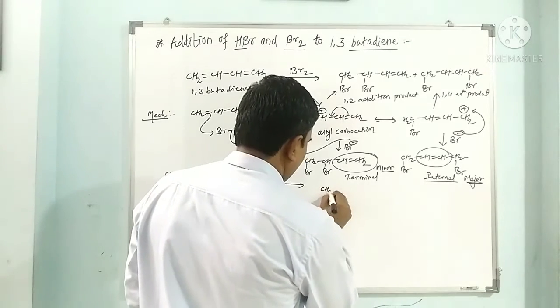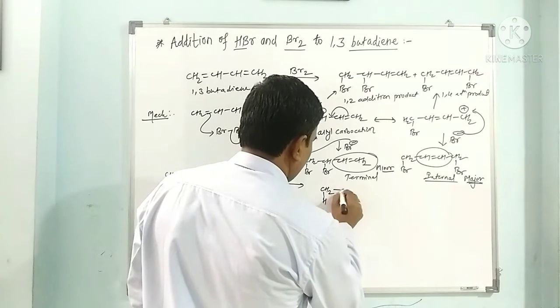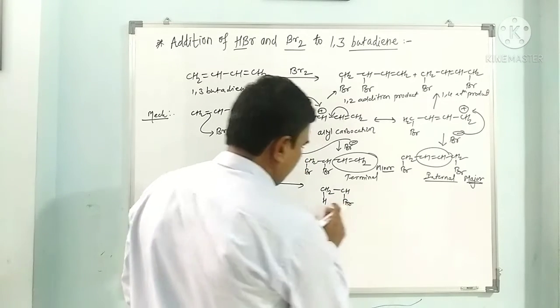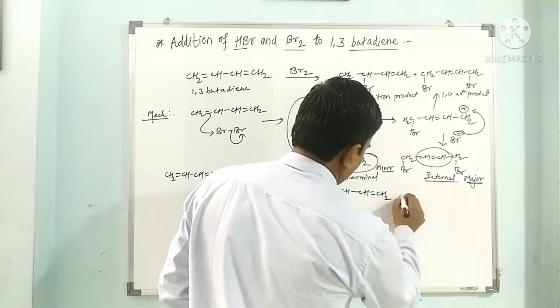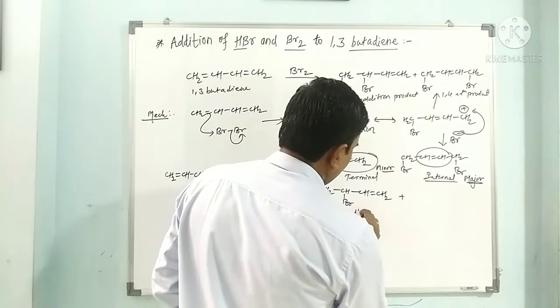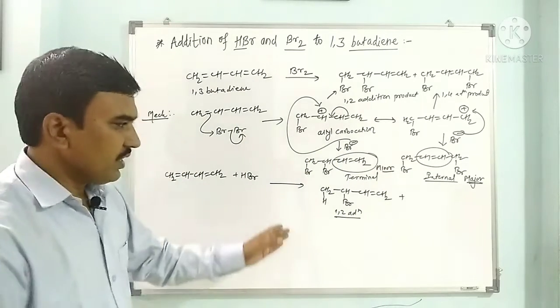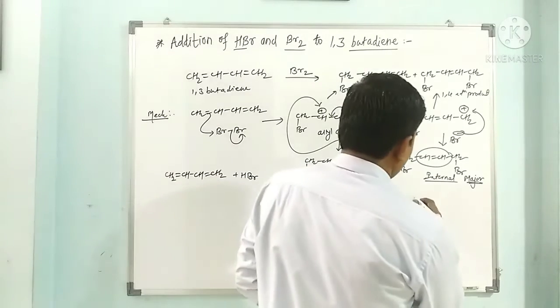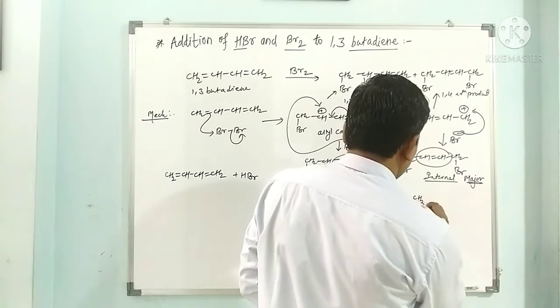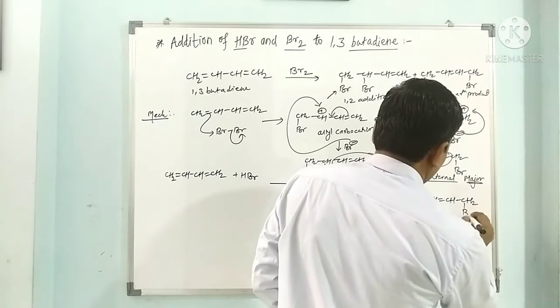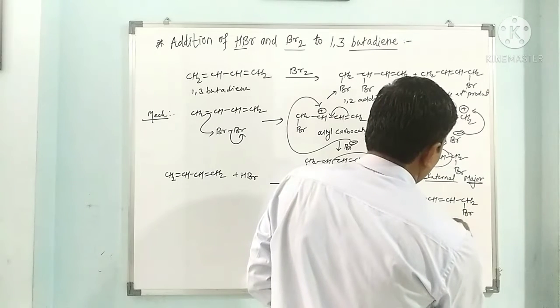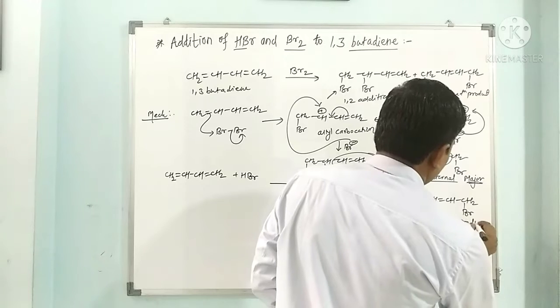When CH2, here this H, CHBr, we can write this as CH3 and here CH double bond CH2. So this is the 1,2 addition product, or the bromide attaches to this carbon. So we get CH3, CH double bond CH, CH2Br. So this is the 1,4 addition product.